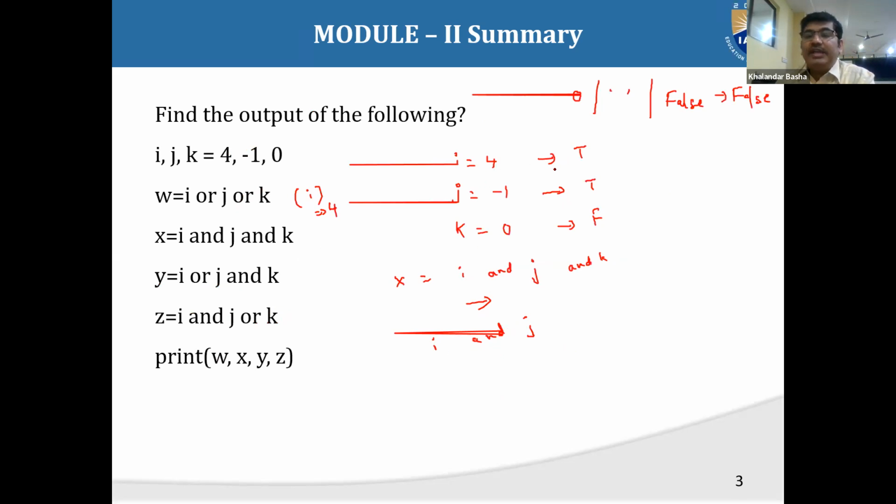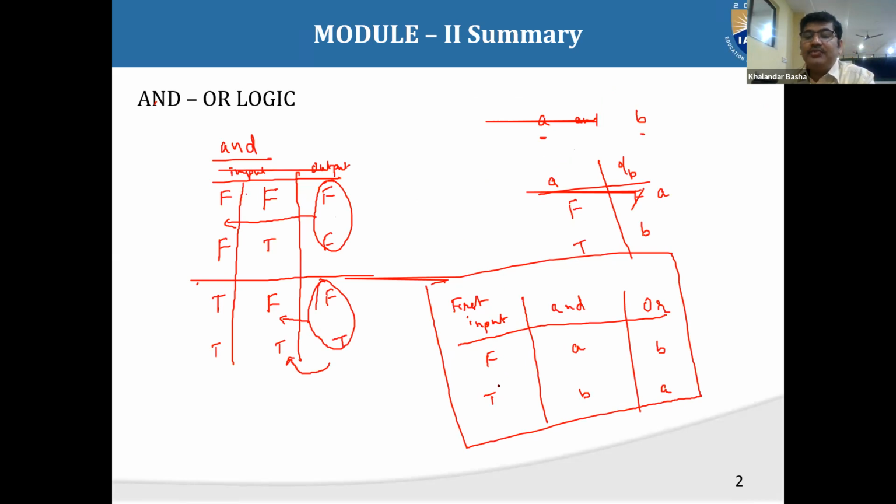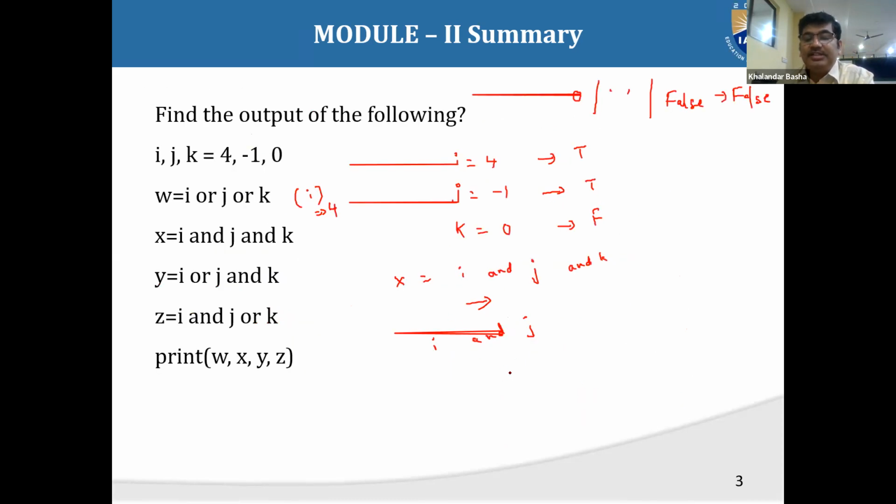True. As the first input is true, what is your output? The second input, which is j. Now we evaluate the second operator, i and with j and with k. When you do i and with j, the output is j. Again we are doing j and with k.